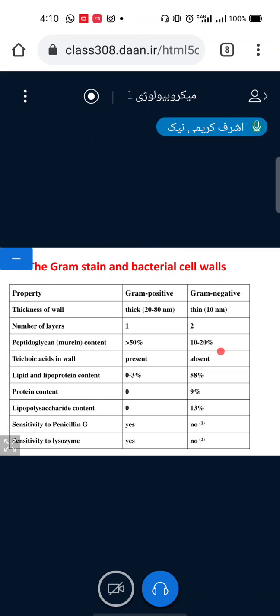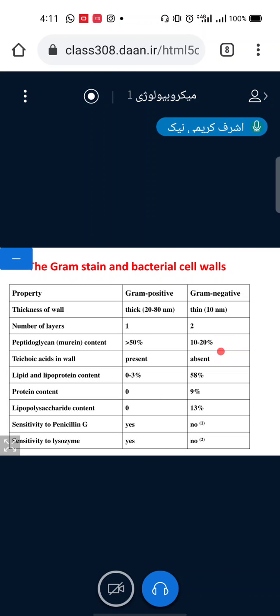Lipid and lipoprotein content. In gram-positive, it's low, 0 to 3%, but in gram-negative it's 58%. It's high in gram-negative.